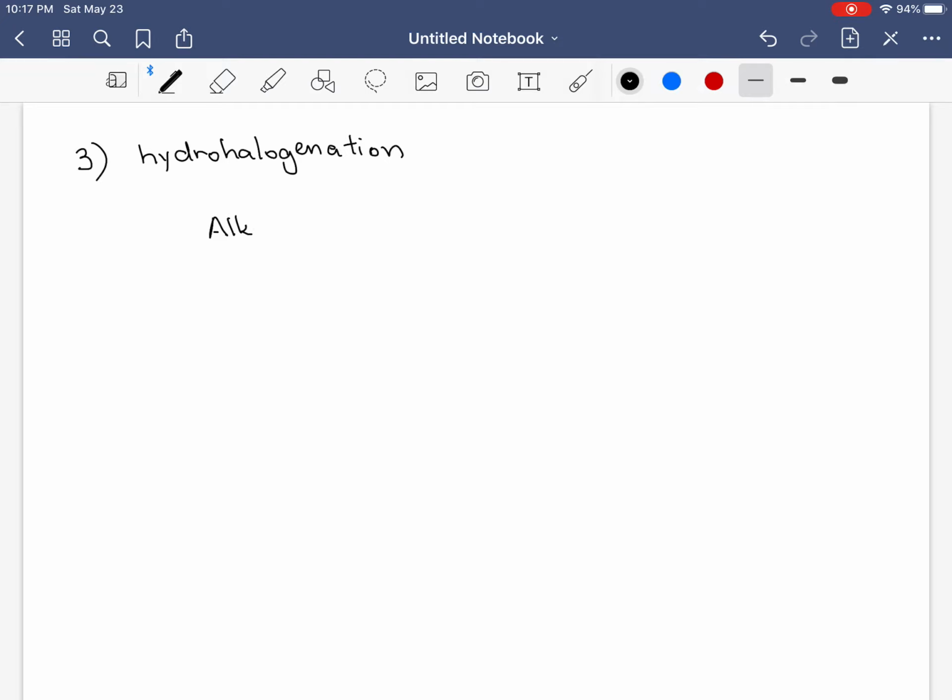That's some crazy name. If you take an alkene and react it with, let's say, an acid, to be specific, a binary acid, or a gas, no big deal, at 25 degrees Celsius, you're going to get an alkyl halide. Oh my god, alkyl halide is back again.